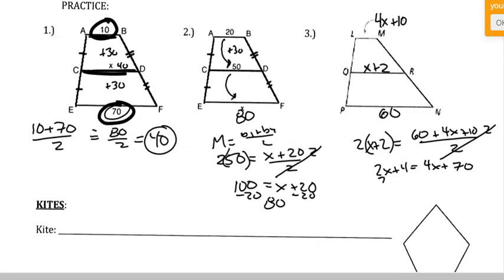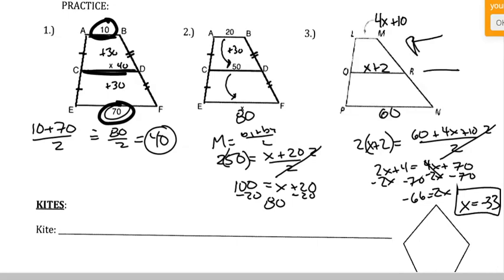All right, let's solve it. Minus 2x, that gives us 2x, minus 70, negative 66. Get x equals negative 33. Obviously, this makes no sense. It's just because I could not actually read it, but I wanted to show you how you would do this. Notice how I multiplied by 2, and then I didn't forget to distribute, and then I went from there.